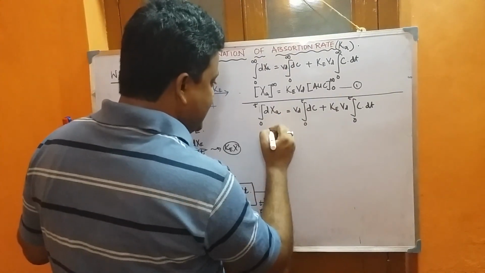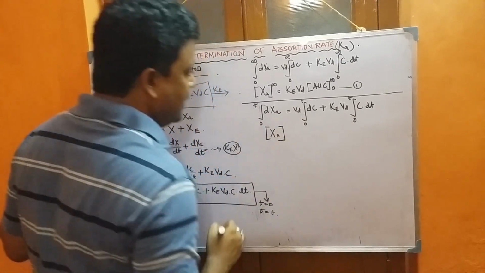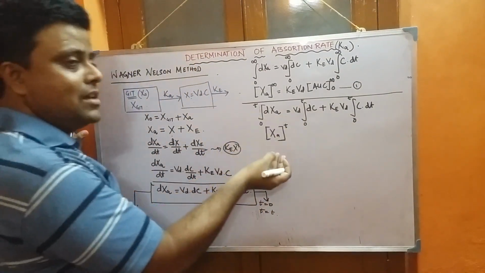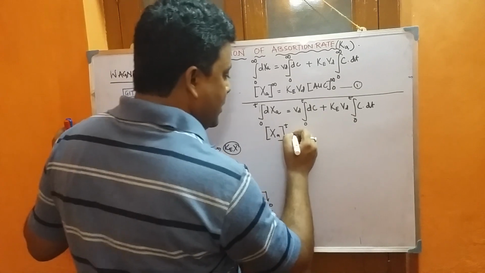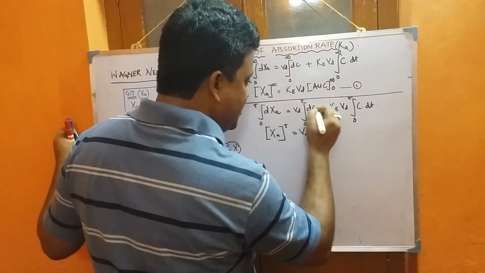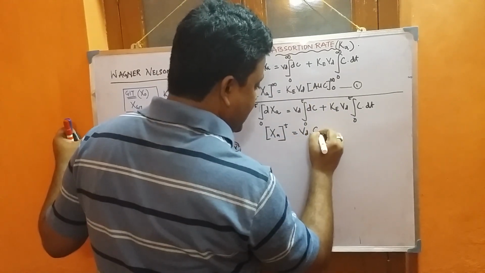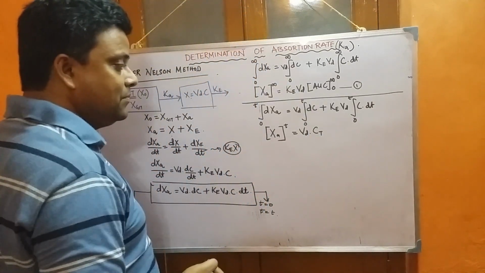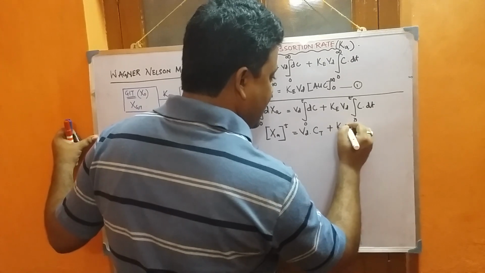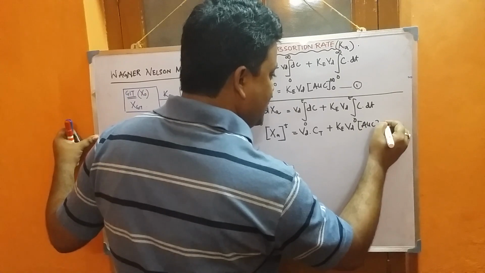If you say the same thing, XA becomes t specific: the amount of the drug absorbed up to time t equals Vd into Ct, the total drug absorbed with the concentration Ct, plus Ke into Vd into AUC 0 to t.